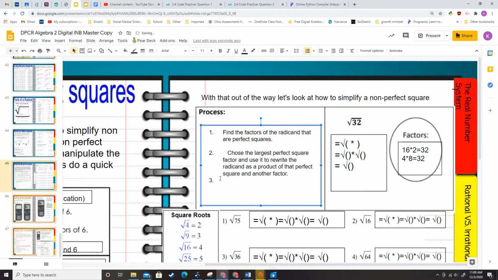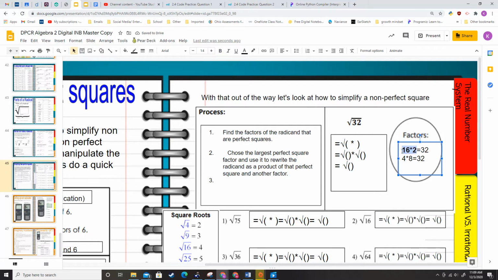All right. So here's what we're going to do. 32 can be written in another way. We can write this as what two things multiply to give us 32. Now we see that over here. So we can write it as either 16 and 2 or 4 and 8. What I want you to do is pick the larger of the two perfect squares that multiply to give us 32.